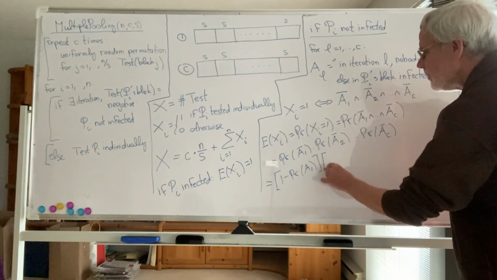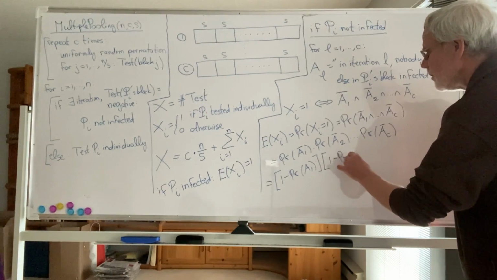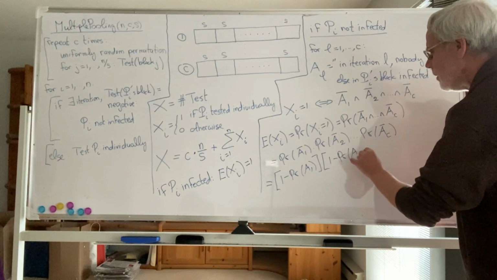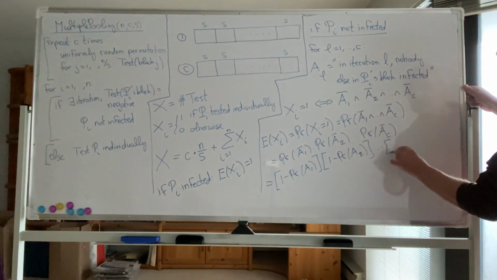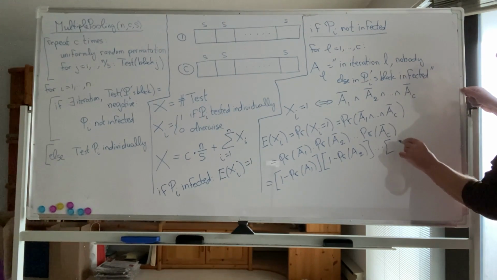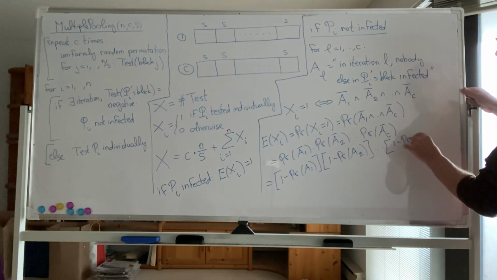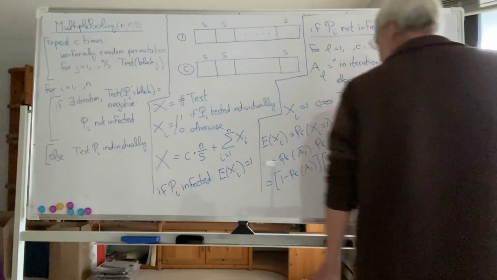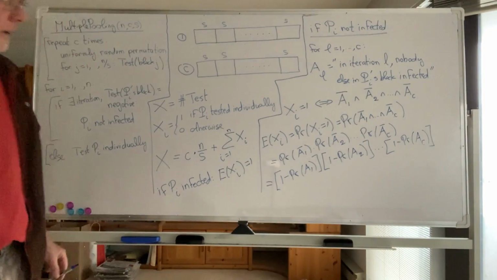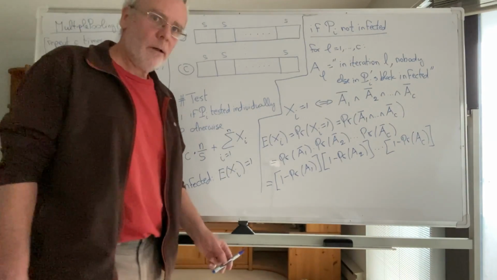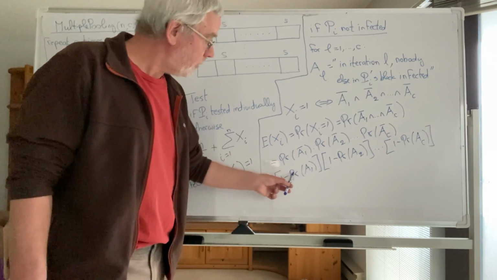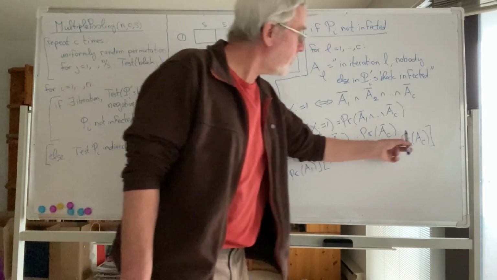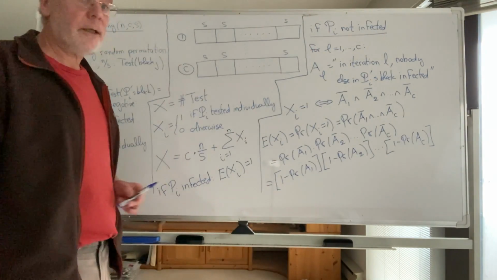Probability of A2 complement is 1 minus probability of A2. And the last one, the probability of AC bar is 1 minus the probability of AC. And in the first part, I denoted, so all these terms here, probability of A1, probability of A2, probability of AC, they are all equal.